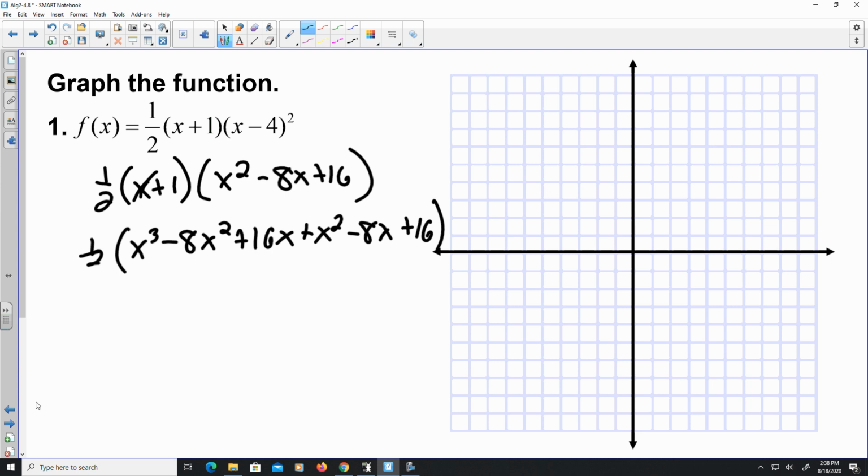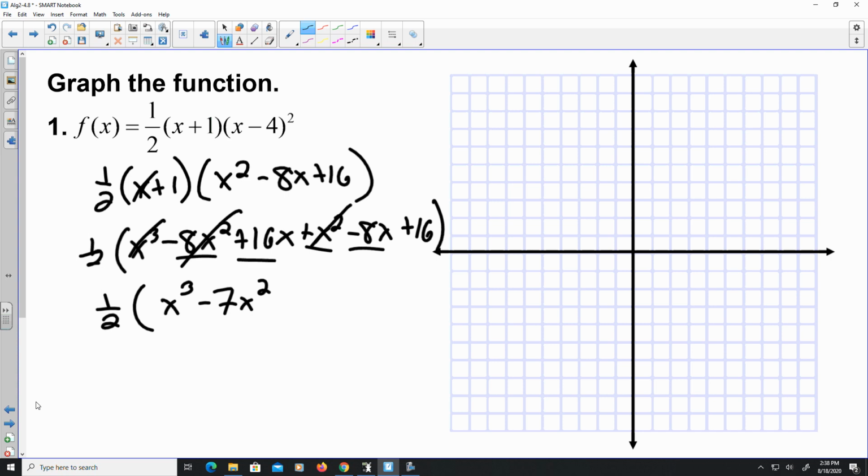With the 1/2, I got 1/2 x to the third minus 4x squared. Oh, shoot. I forgot to combine like terms. x cubed, that's there. x squared, so it's minus 7x squared.